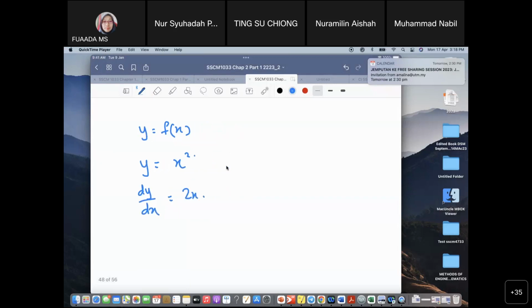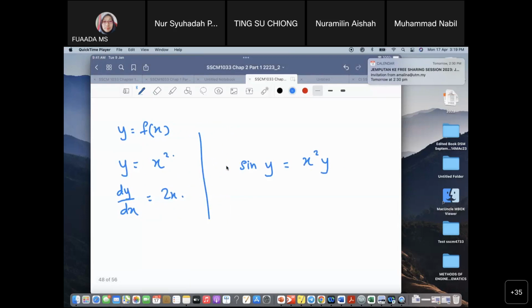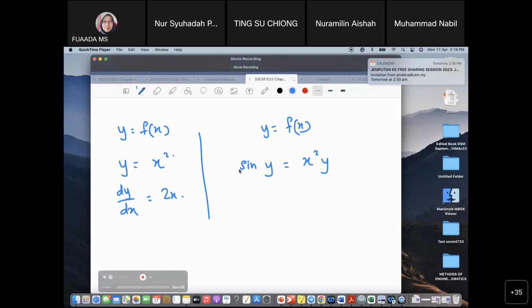Tapi kadang-kadang you ada something more complicated form. Let's say you have sine of y is equal to x squared y. So, we know that y is always a function of x. But in the way of writing, sometimes in the expression that we have, we cannot split only y on the left and only x on the right. Kita tak boleh. Macam mana you nak buat?